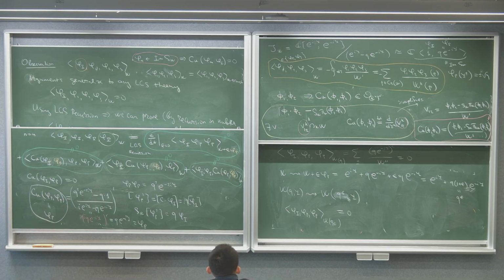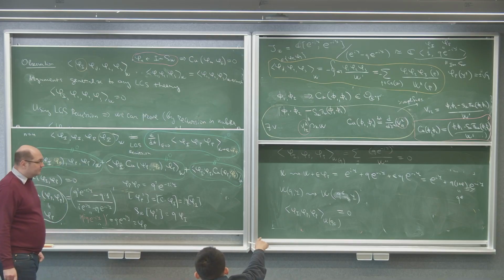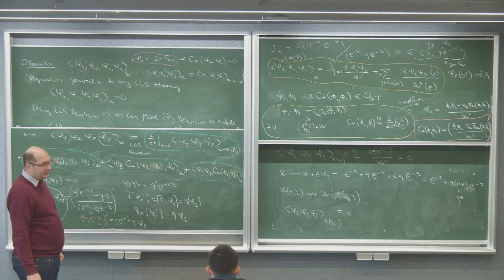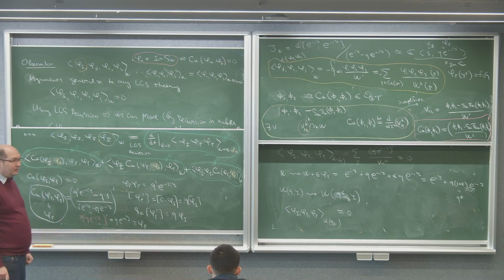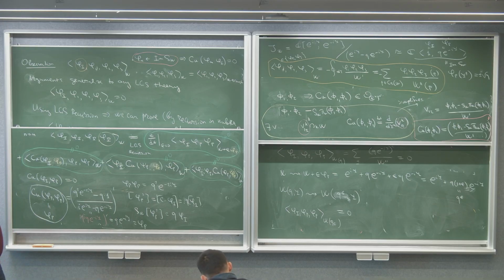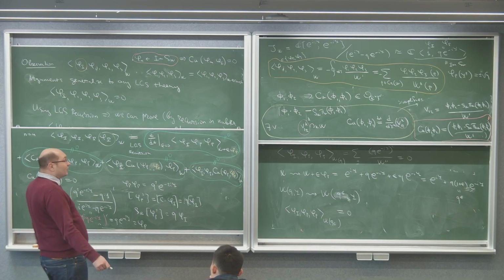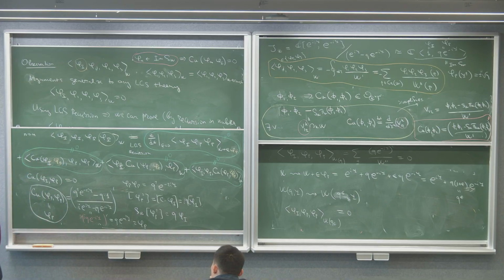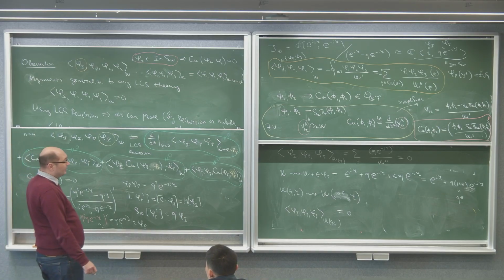arguments. Here we deform this W by adding epsilon phi p. Then the Jacobi ring will change.